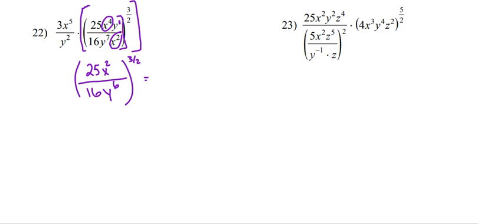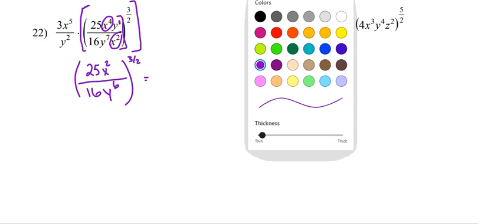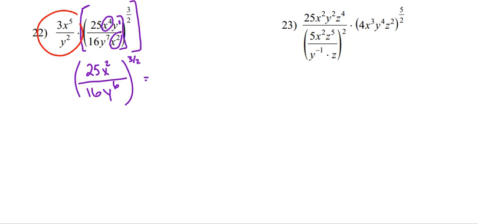Okay, so moving on. Again, still have not touched the 3x to the 5th y squared. I'll circle that in red. We'll do that later. We're going to bring it down here in a little bit.